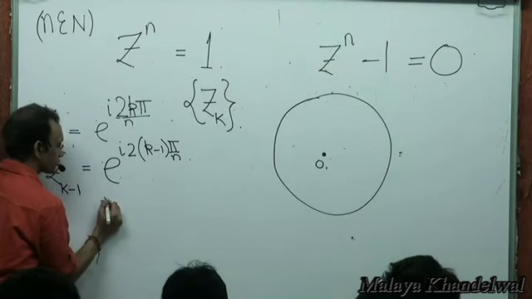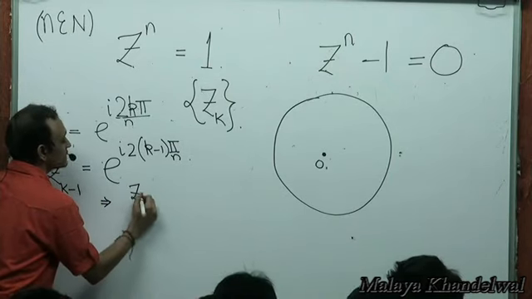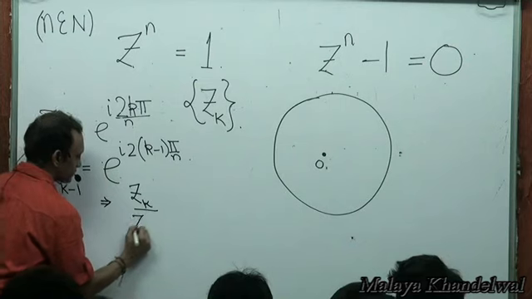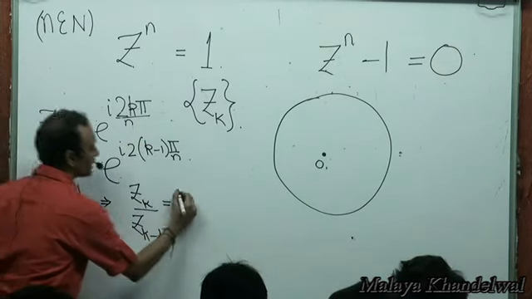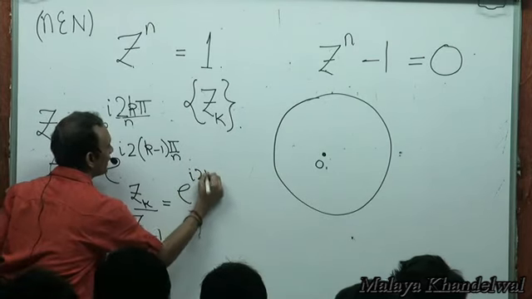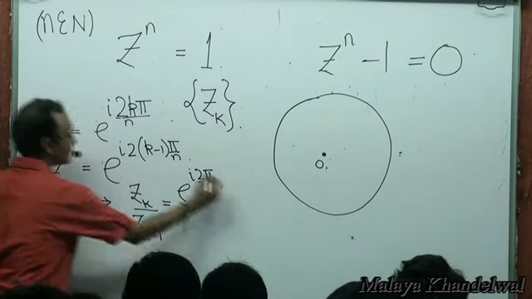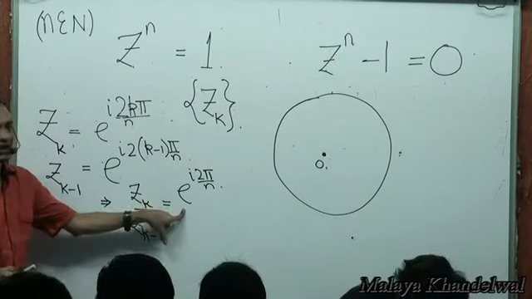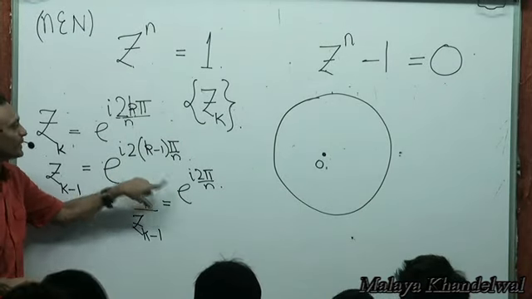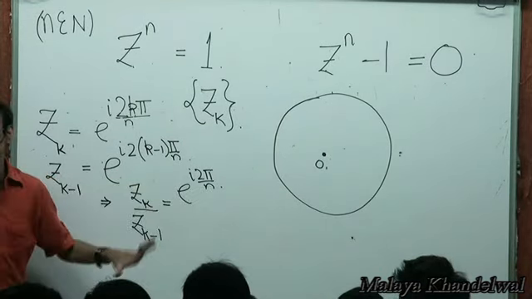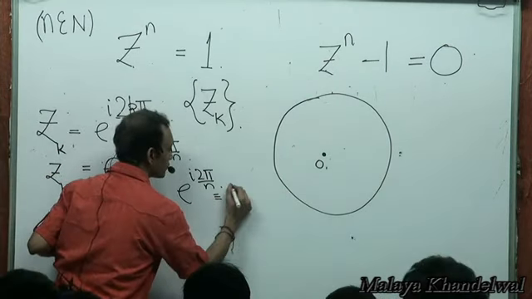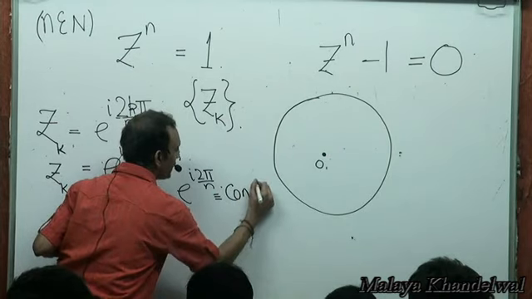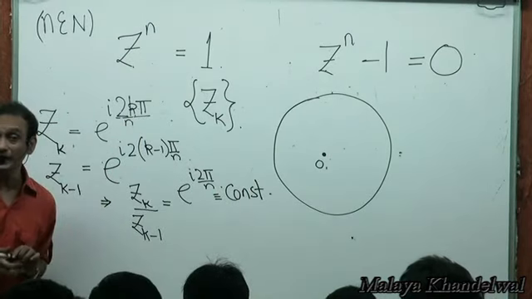Which means zk by zk minus 1, if I divide this by this, then I get e power i 2 pi by n, which is independent of k. Do you realize? It is a constant independent of k.